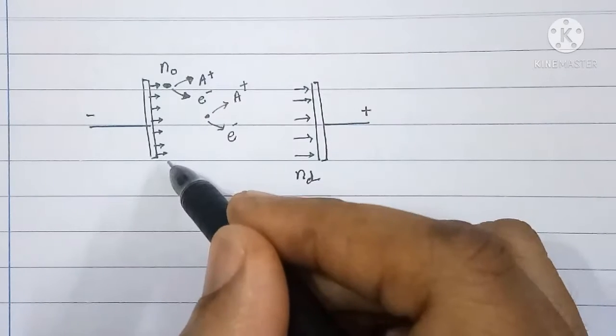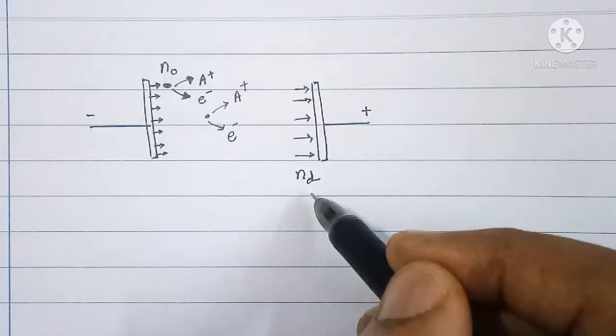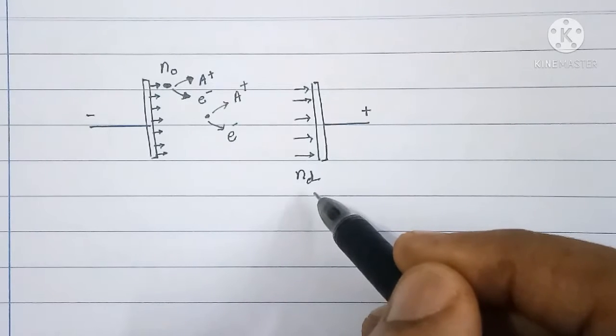See, N0 number of electrons becoming large number of electrons Nd is called as Avalanche breakdown.